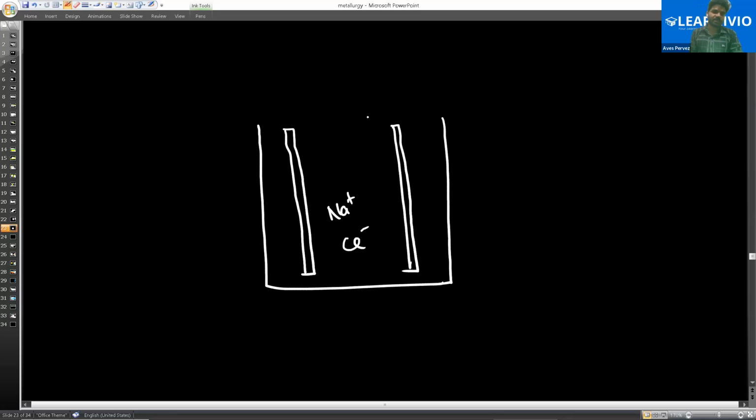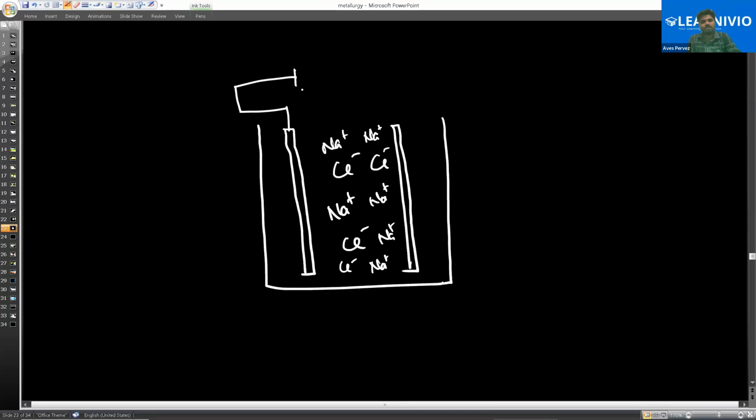Because if you take it in the aqueous form, then it will give you the chloralkali process. Okay, then, suppose this is the anode and this one is the cathode.